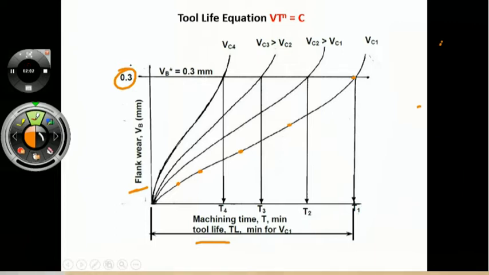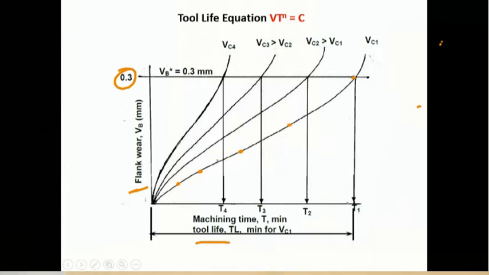So this time T1 is the tool life at a cutting speed of Vc1. Now suppose I am increasing the cutting velocity to Vc2, that is greater than Vc1.